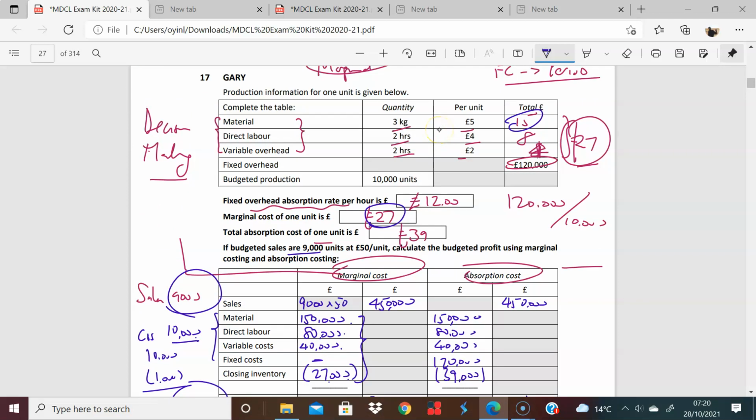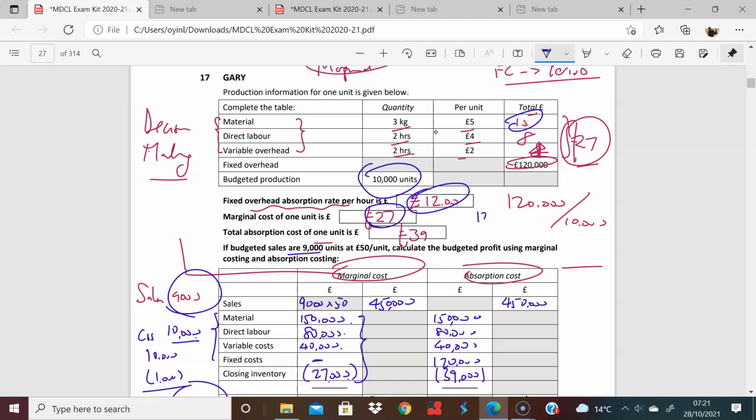Yeah, and pretty much that's it. This question says, oh, sorry, the fixed overhead absorption rate per hour. I found it per unit actually. So maybe, you know what, one second, let me just address that. You have 10,000 units times 2 hours.